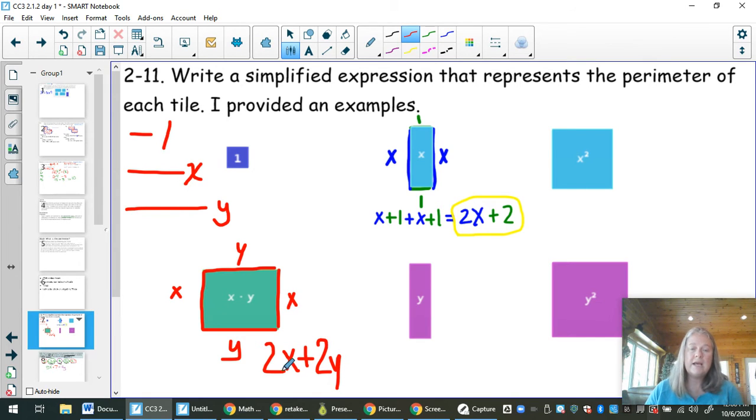And the order doesn't matter. You could say 2y plus 2x, you would get the same thing. For the x tile, one side was x, another side of 1, x, and 1. Add those side lengths together, and you get 2x plus 2.